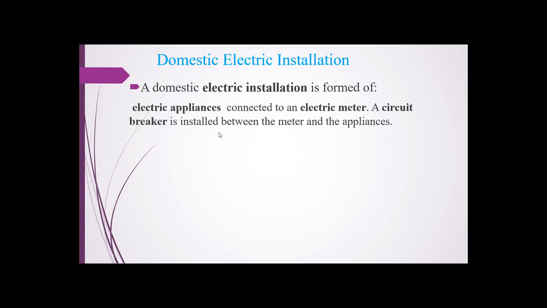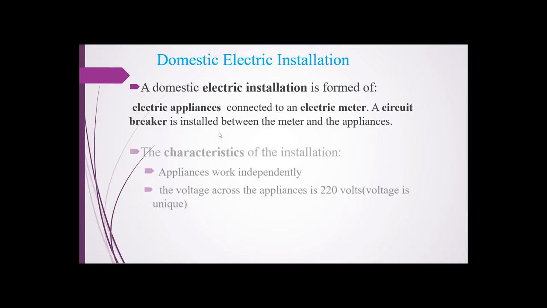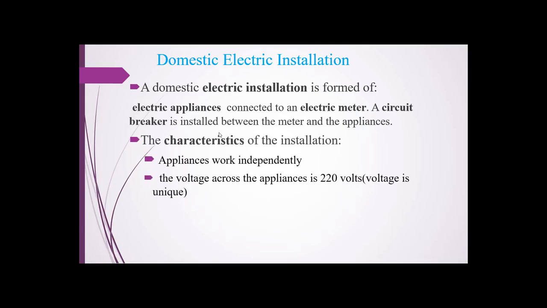And since these appliances are connected in parallel in a domestic electric installation, the characteristics of this installation will be that appliances work independently. This means that if one appliance stops working accidentally, the other appliances will continue working normally. And according to the law of uniqueness of voltage, the voltage across the appliances will be the same, which is 220 volts.